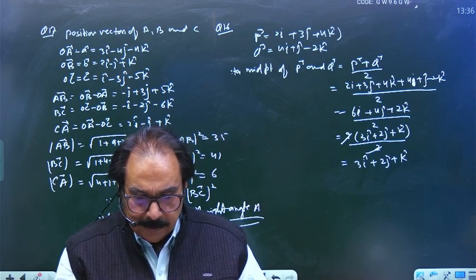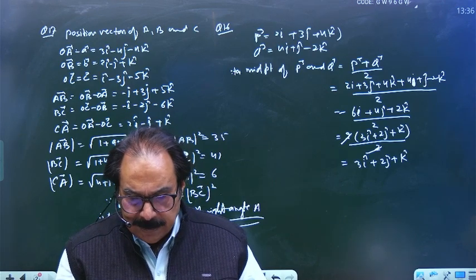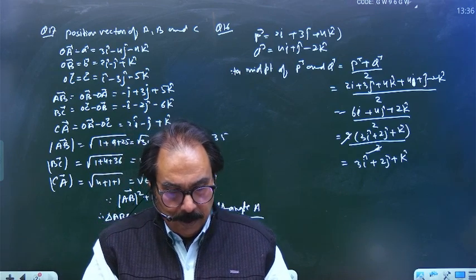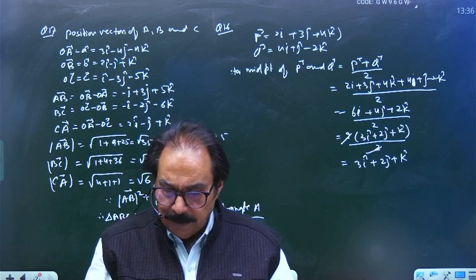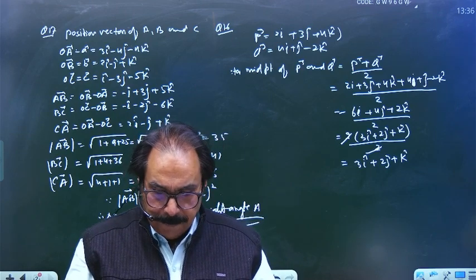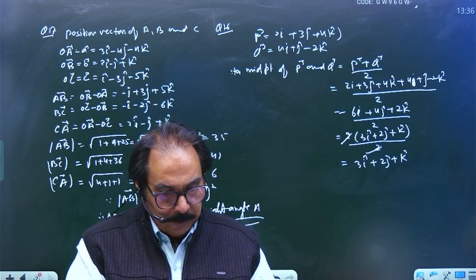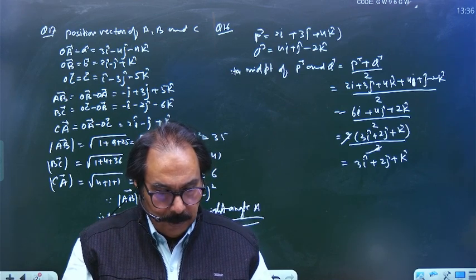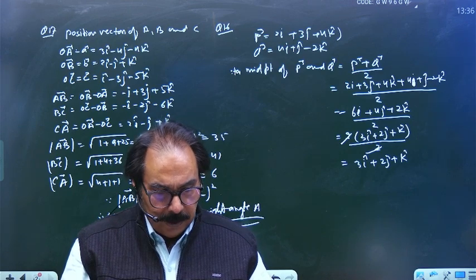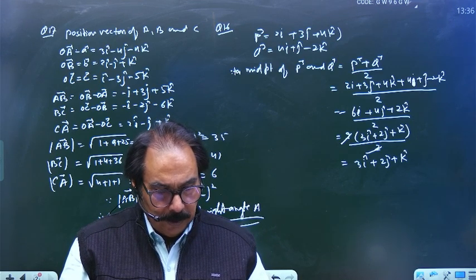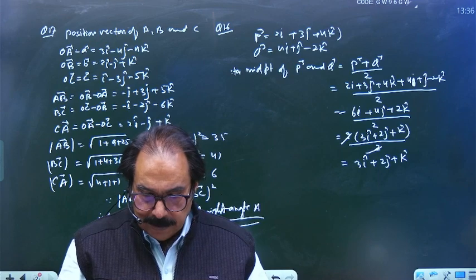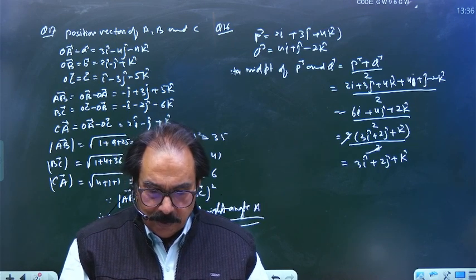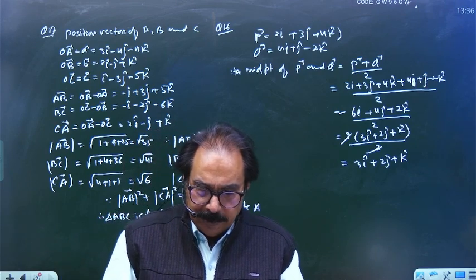And the third part, C, the respective components of A and B are proportional. This is also correct, because vectors A and B have the same direction but different magnitude. So C is the correct option.